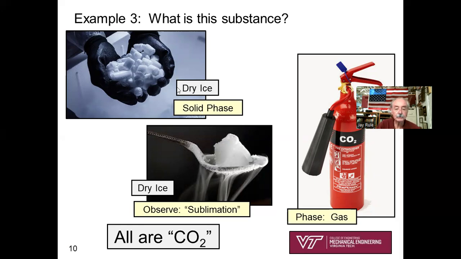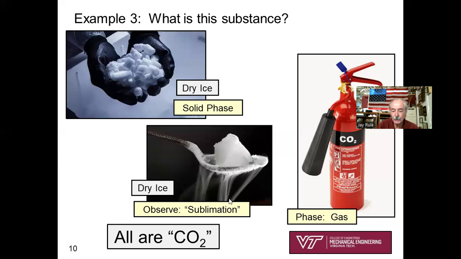Okay, over here, dry ice, pellets of dry ice. And here would be a spoonful of dry ice. And you kind of see that it's sublimating. And I hope you've been exposed to that term, sublimation, where the solid phase of CO2 is transforming immediately into the vapor phase.